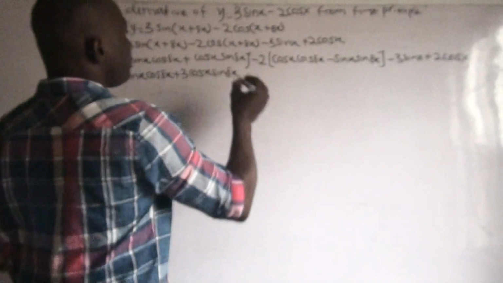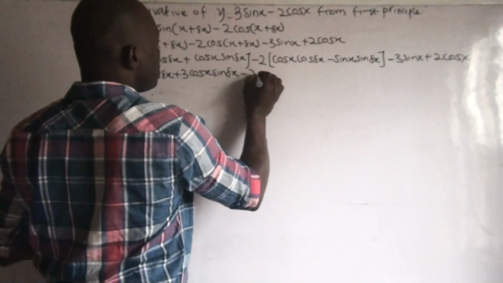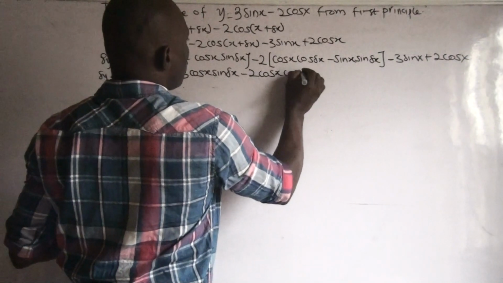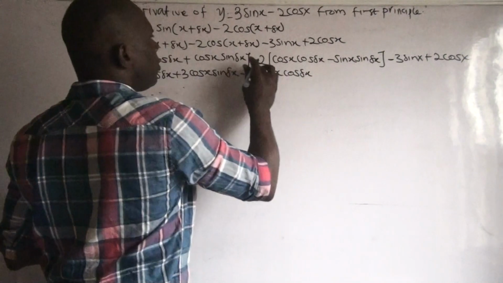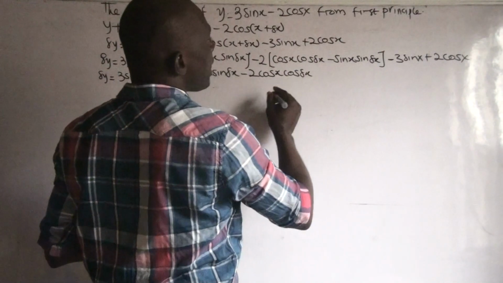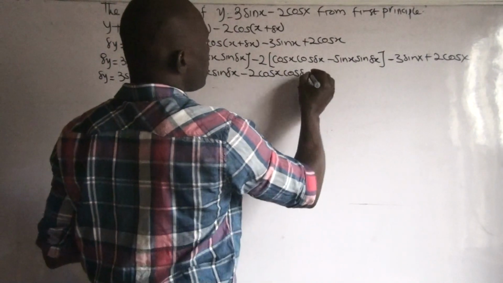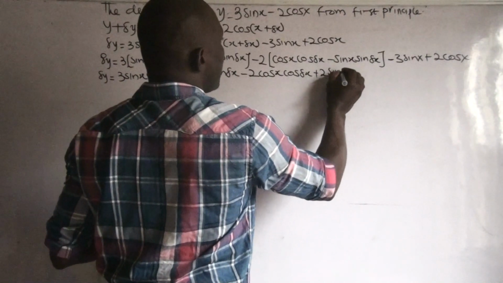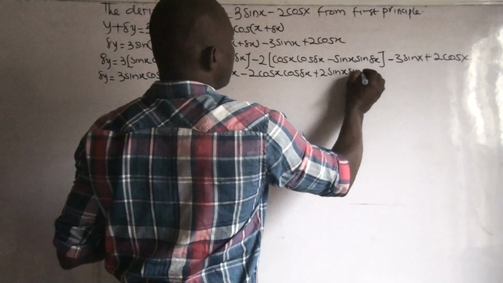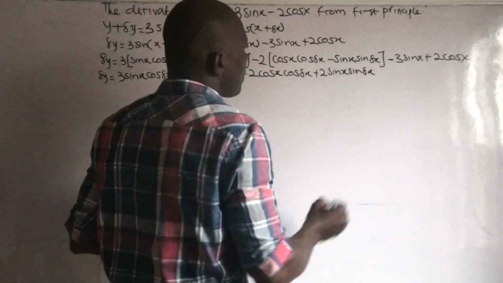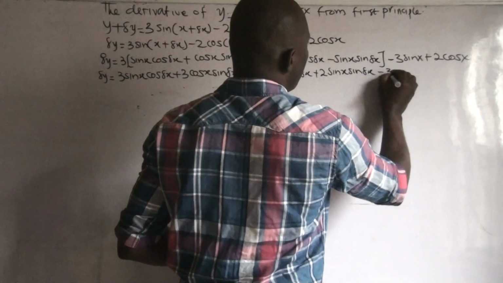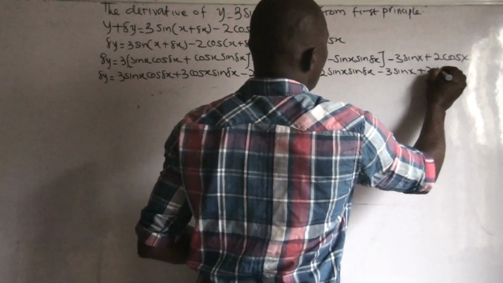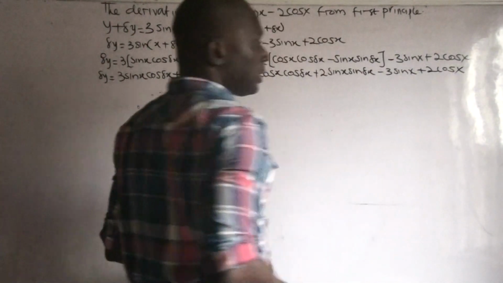Here it becomes minus 2 cos x cos delta x, minus 2 times minus sin x sin delta x becomes plus 2 sin x sin delta x, minus 3 sin x plus 2 cos x.